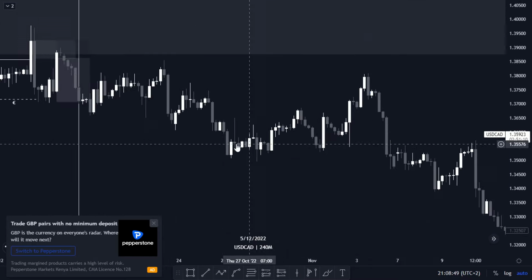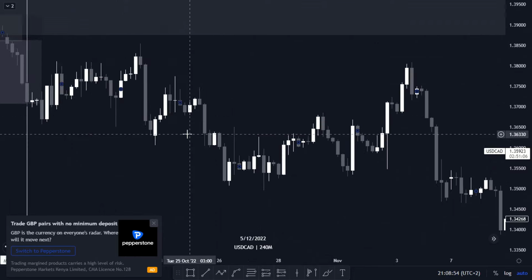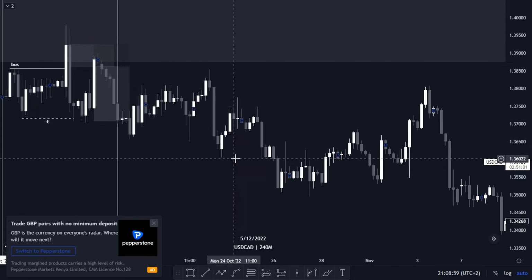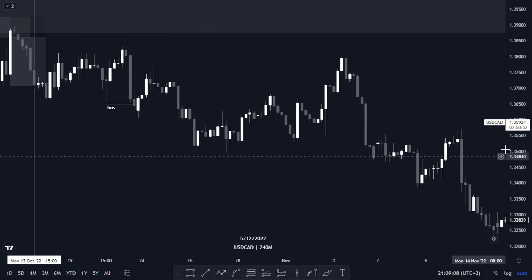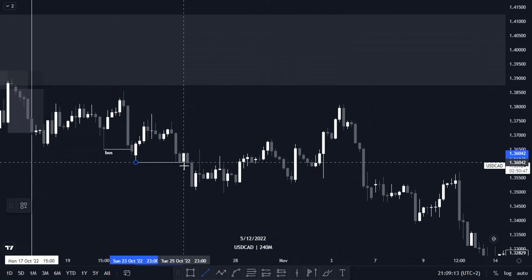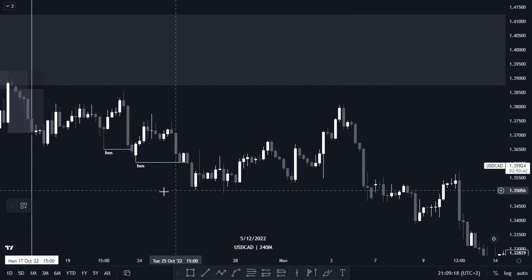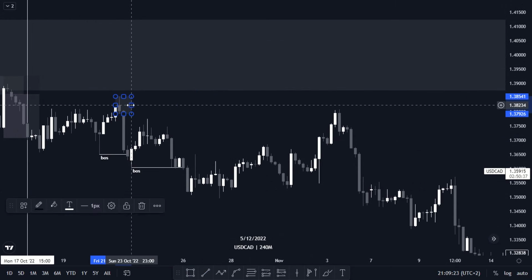Okay, so price mitigated the hourly order block and pushed to the downside here, and then price also respected this lower high here, and price created this break of structure here, another one here, and we can see that we have this beautiful order block here.